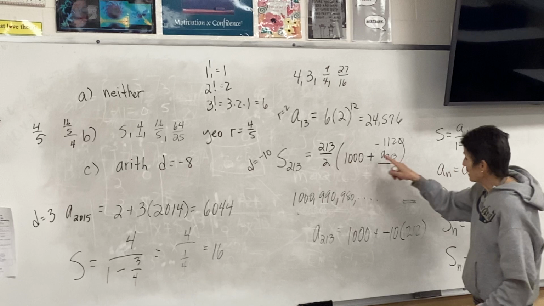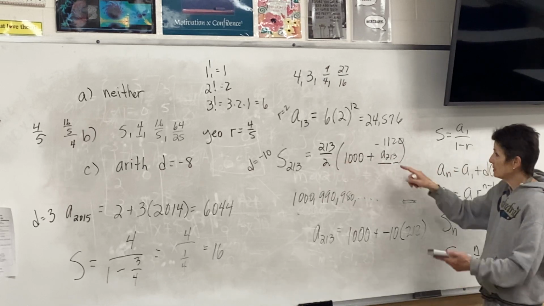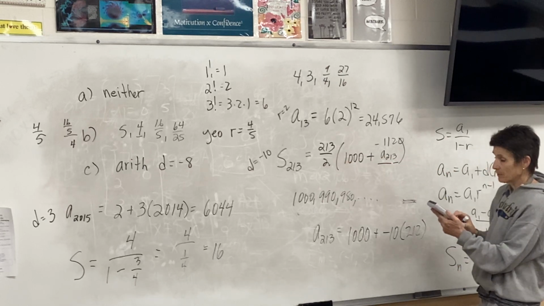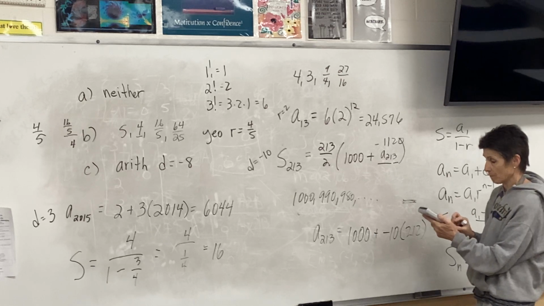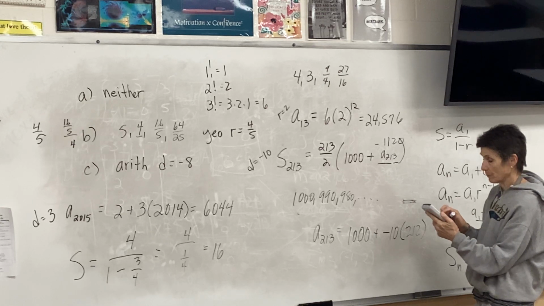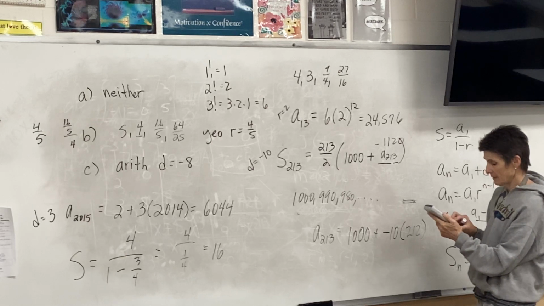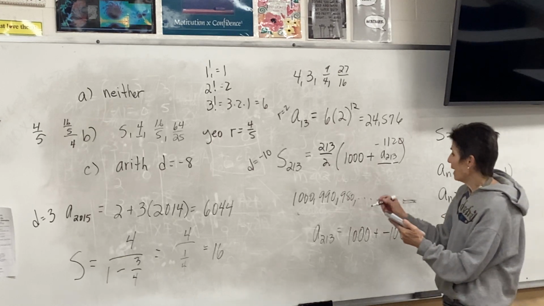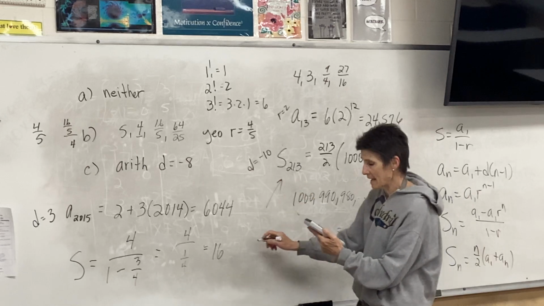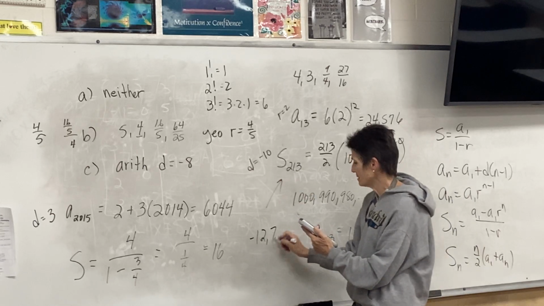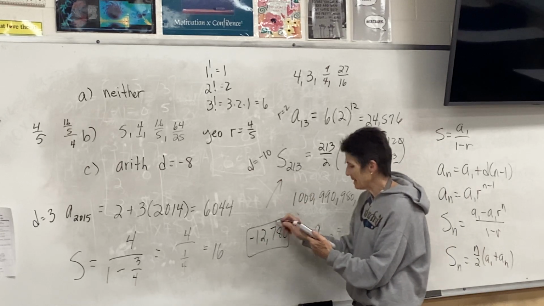So now I have to evaluate this, which I can do. So parentheses, and times 213 divided by 2. My final answer to that is negative 12,780.